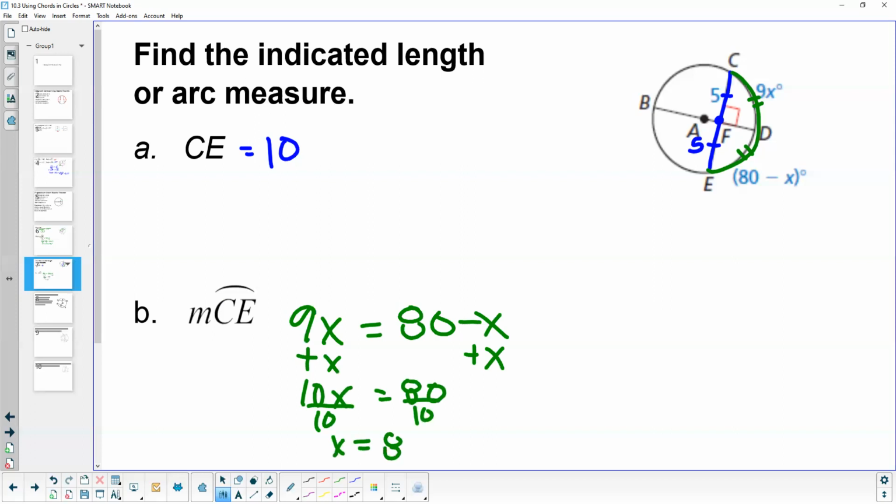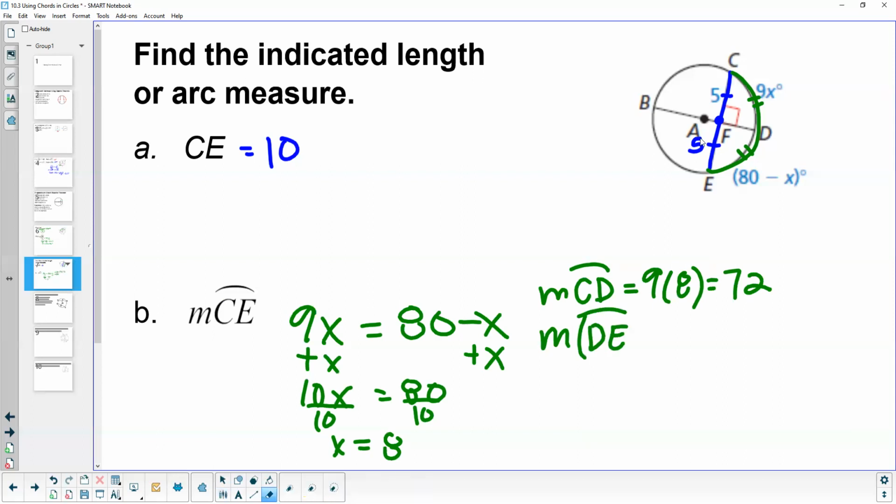So if x equals 8, then the measure of CD is equal to 9 times 8, which is 72. And the measure of DE is also going to be equal to 80 minus 8, which is 72.